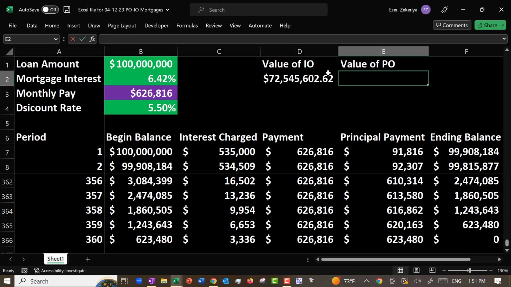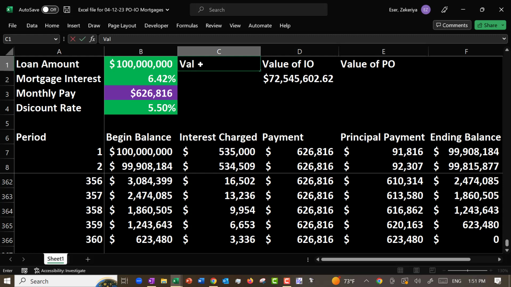Value of PO is simple. Loan amount minus, actually no, since we're using a different value of mortgage.